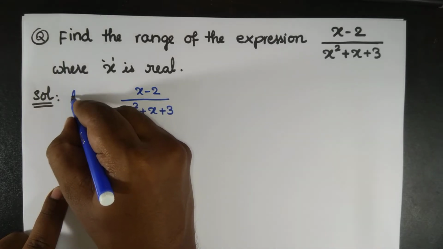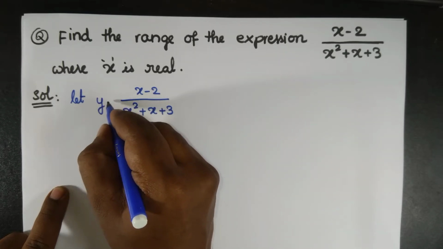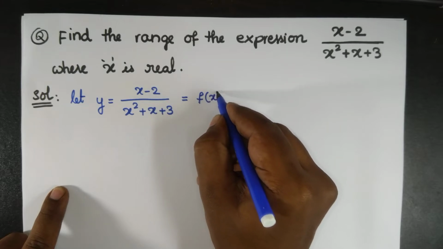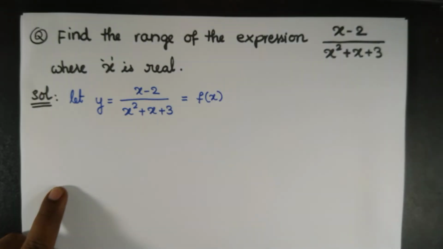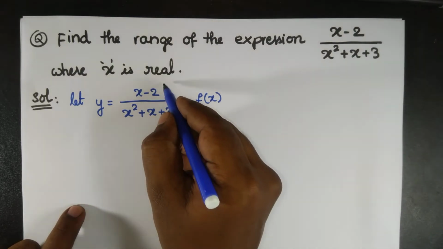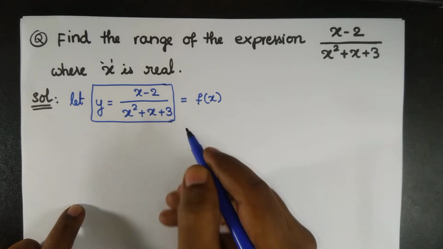Let us say y is equal to this, or we could say that y is equal to f of x is equal to this. Okay, now we can simply simplify this. So you simplify for x now.